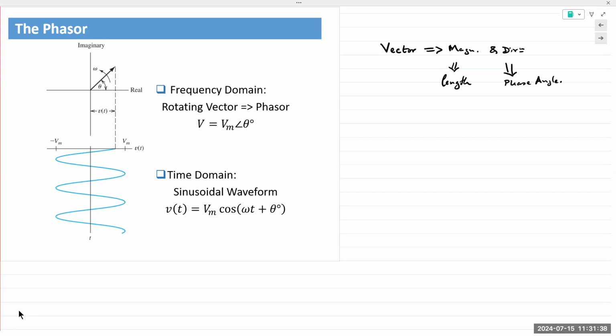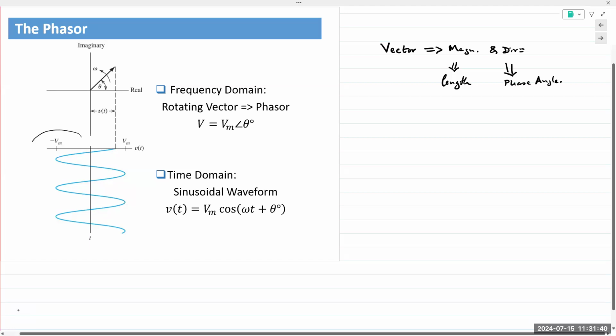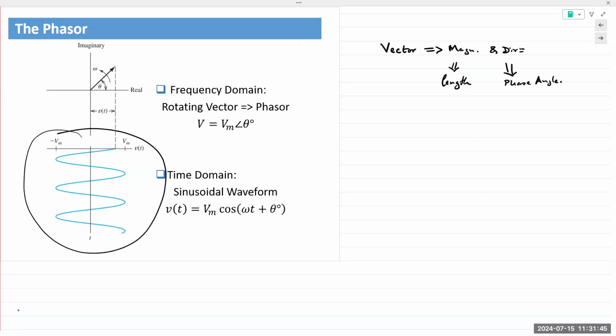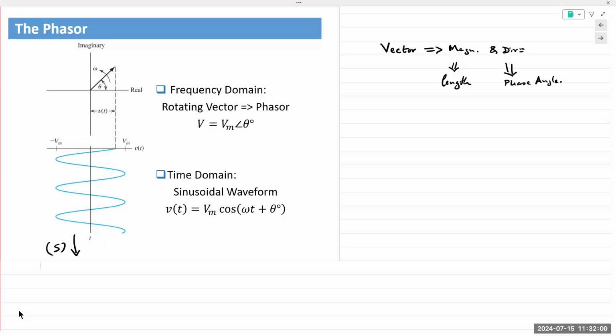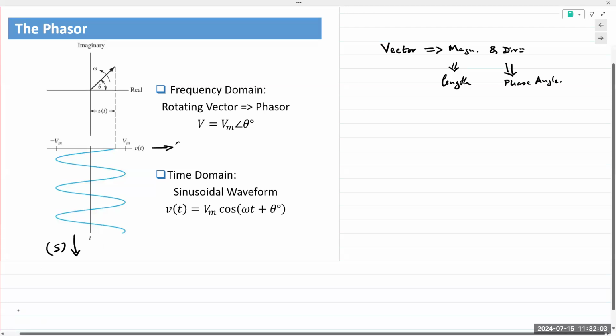Here is an image of a sinusoidal waveform in the time domain. It's rotated by 90 degrees. The x-axis is time t, in seconds, and the y-axis is the voltage in volts. As you can see, this is not to scale.